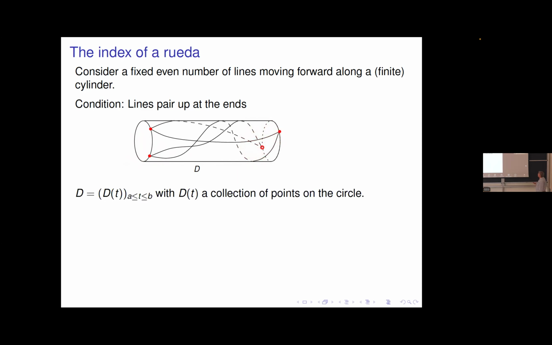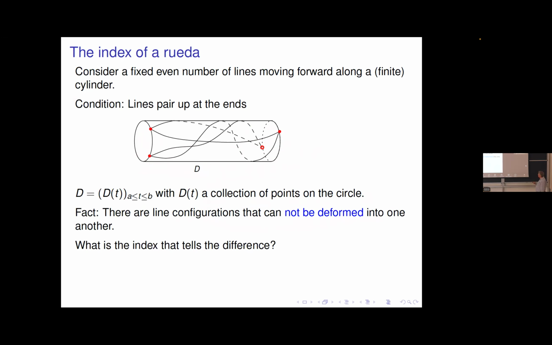And so you can say that you call t the parameter that runs along this axis of the circle. You have a collection of points on the circle that depends on t. And what we would like to do is to deform such collections, including at the endpoints.